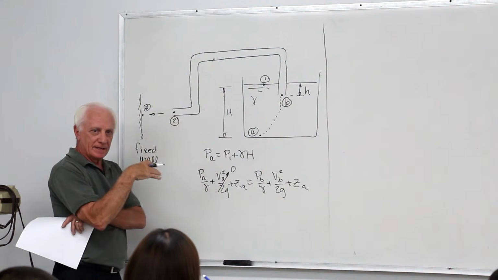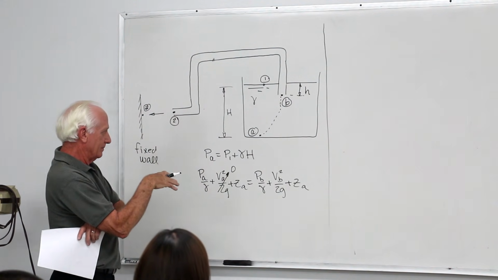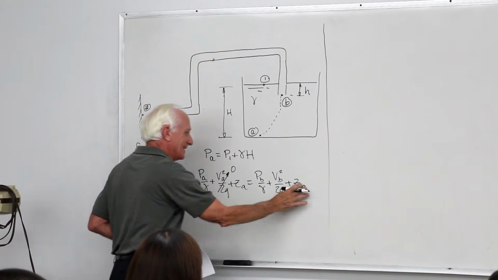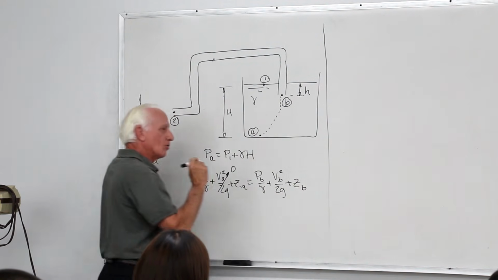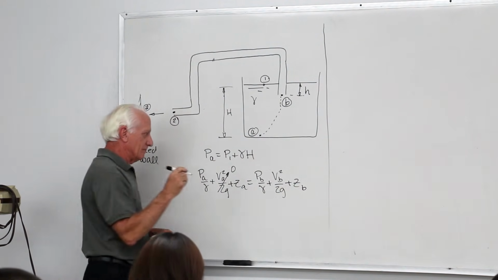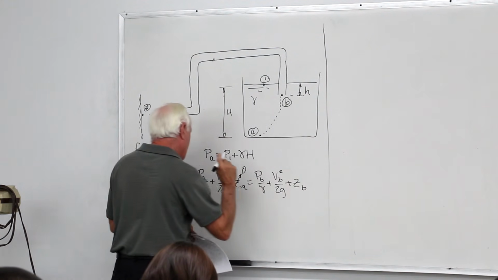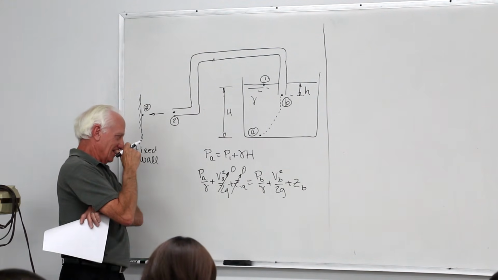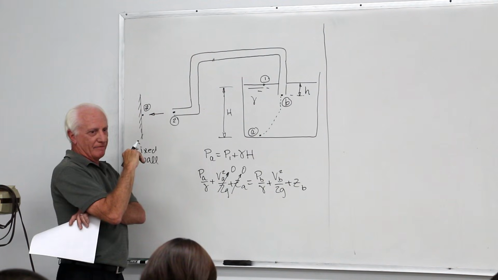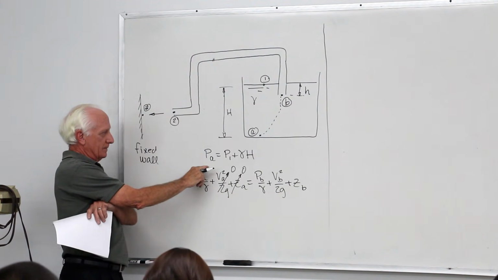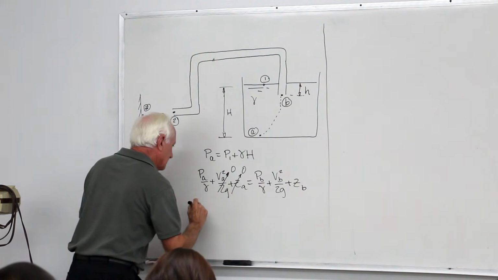I'm going to call the bottom of the tank my datum, so ZA is 0. Point A, fluid statics: P1 plus gamma H.